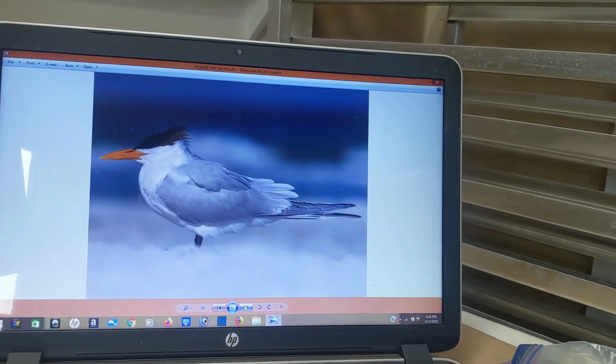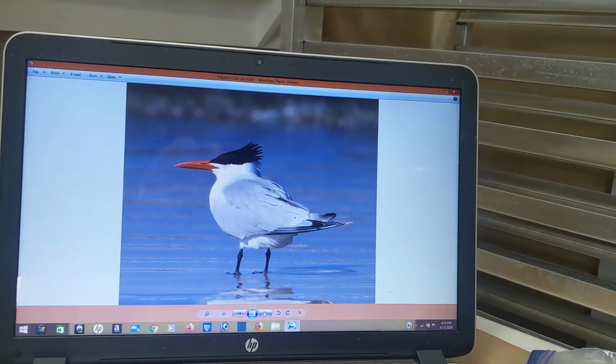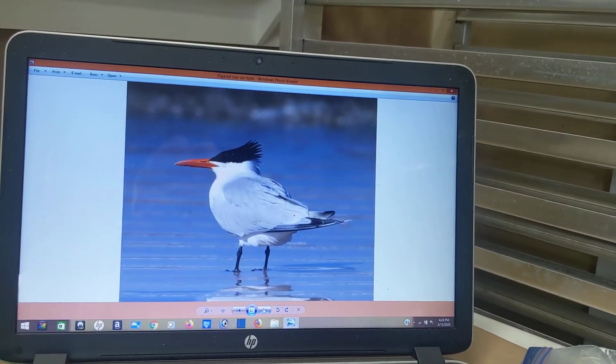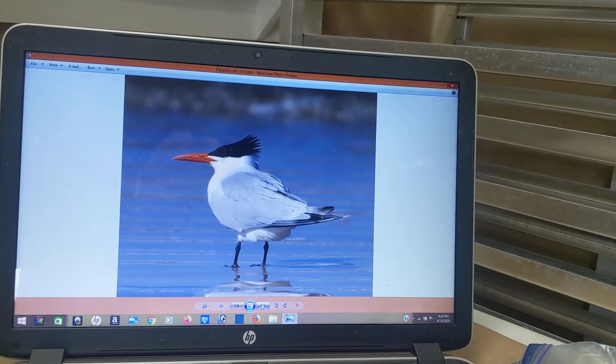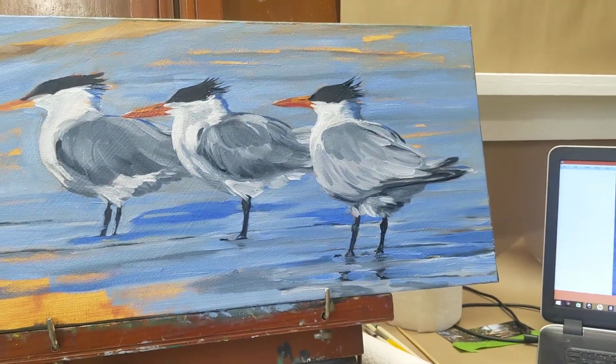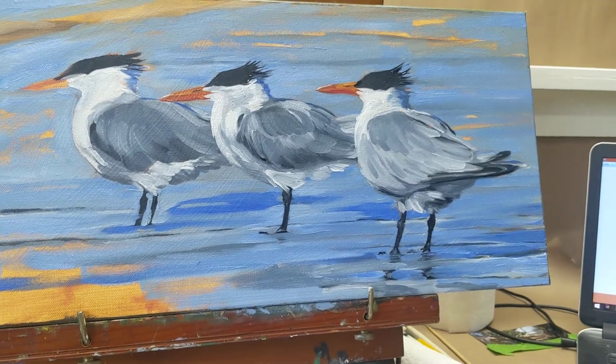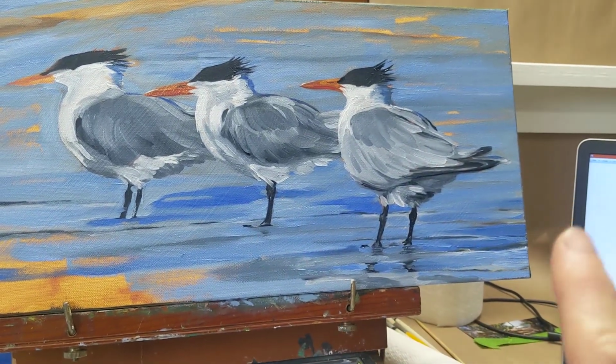And then, to top it all off, this guy has the light coming this way too. So I had to make sure that I had the light going in the right direction on my birds.